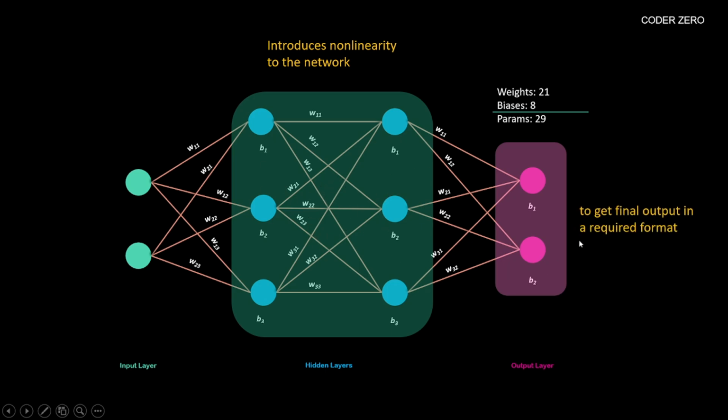When you use an activation function in the output layer, we get outputs in a certain format or in a certain range. And don't worry about this application of activation function in the output layer. We'll be learning that in a later video. Right now, focus on the application of activation function in the hidden layer. And this is how we'll find our solution for this nonlinearity issue.